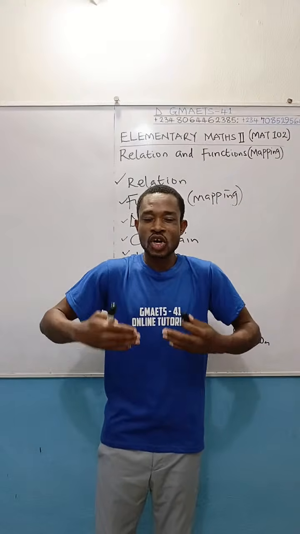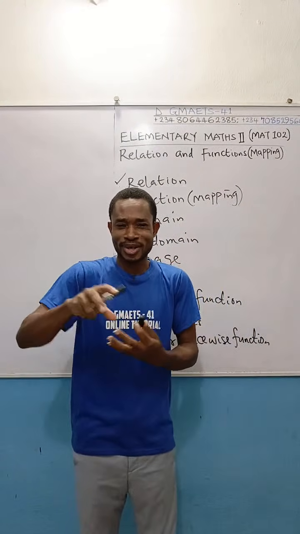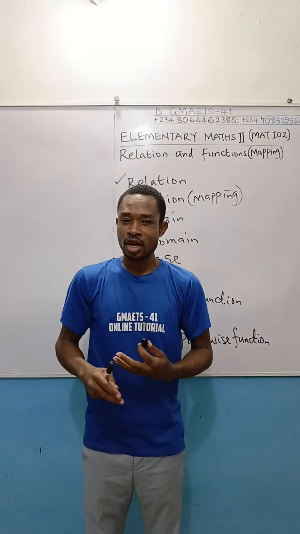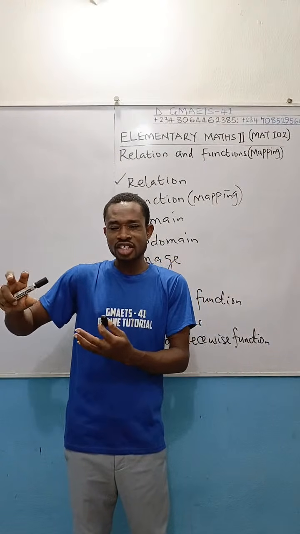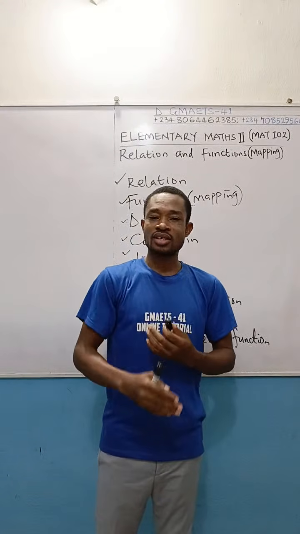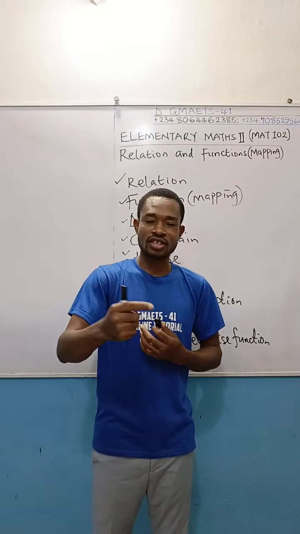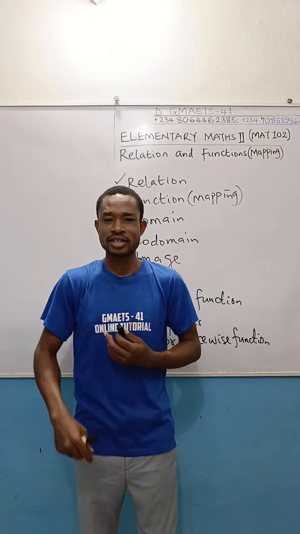Because whenever you are talking about relation, just like we know in human relationship, you connect two or more things. But here we are looking at a connection between two things, where those things, we call them set. In your Math 101, elementary Math 1, you have learned the concept of set and subset, right?